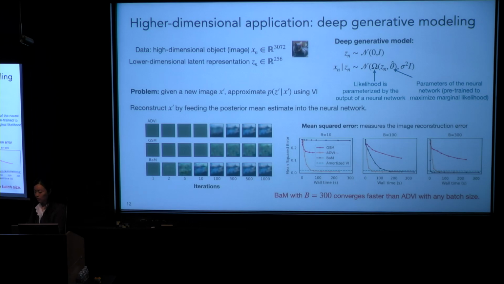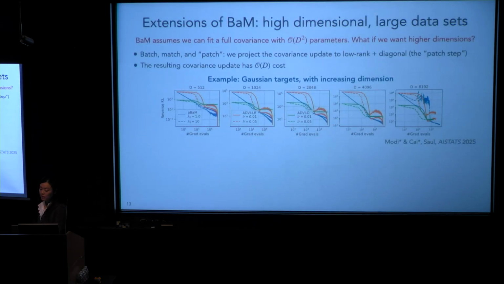So there are also many extensions of this method that we've started investigating. The first is to high-dimensional latent variables. In our earlier discussion, we were assuming that we can fit a full covariance with d-squared parameters.